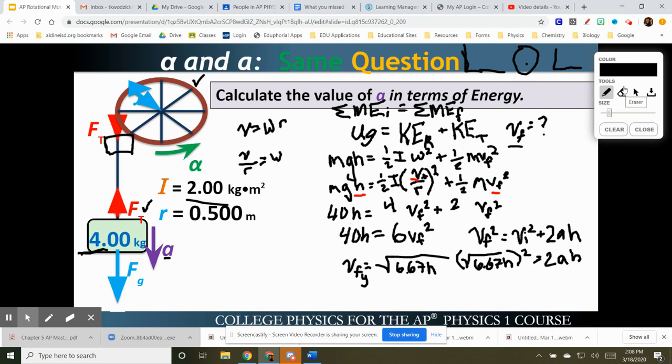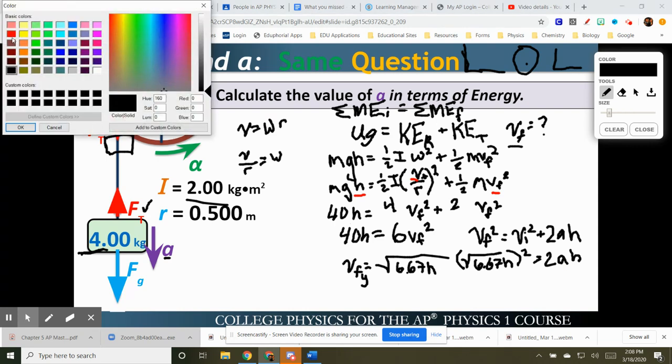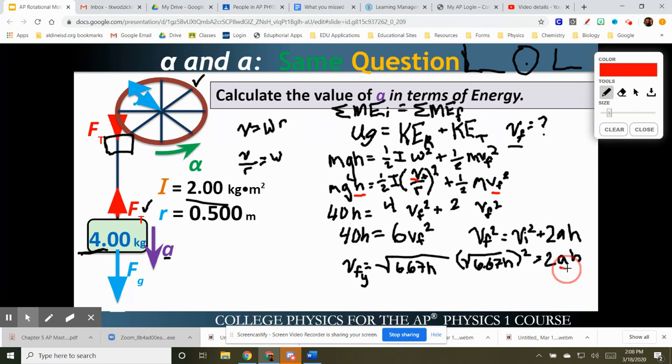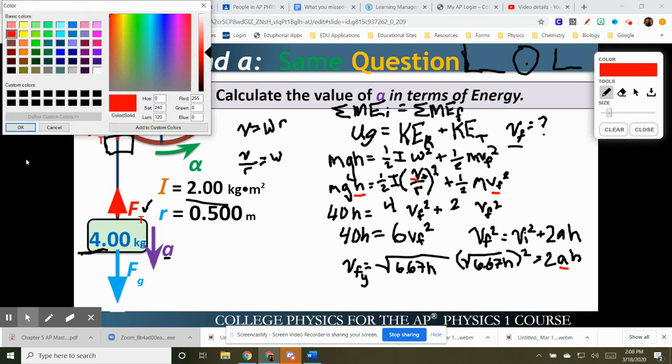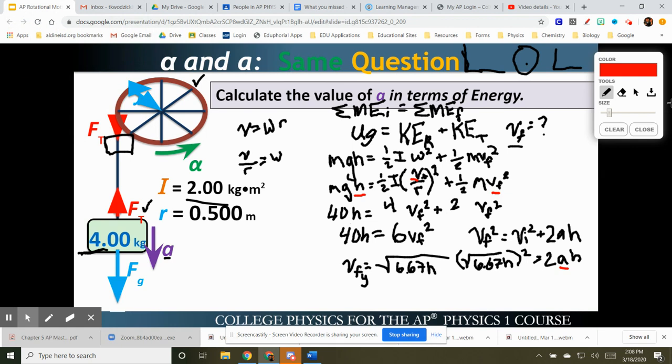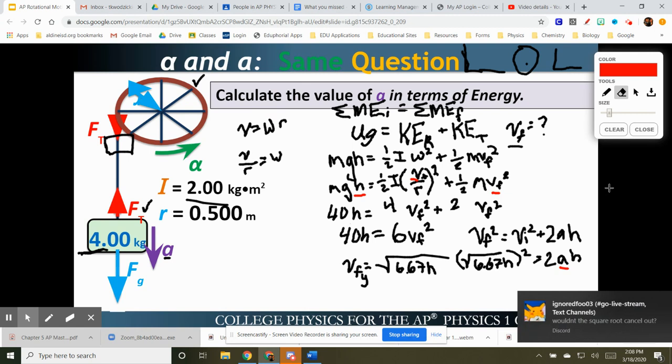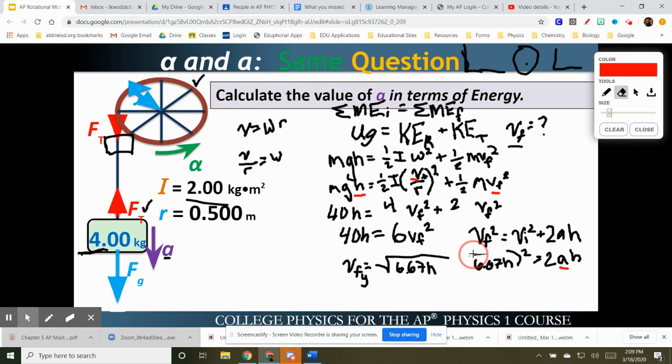And remember, we want to solve for a here. There it is. We're almost there. And what's really cool, Gabriel, did you figure out what's going to happen yet? Yeah, the square root cancels out, so I'm just going to erase that.